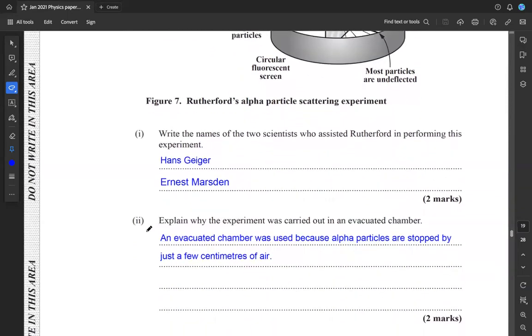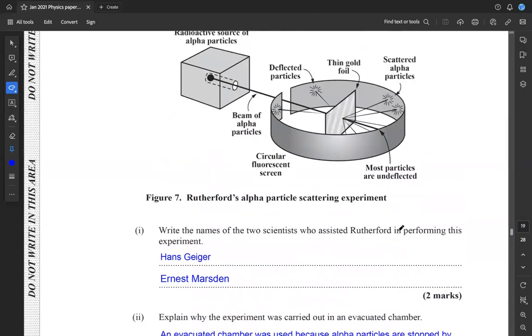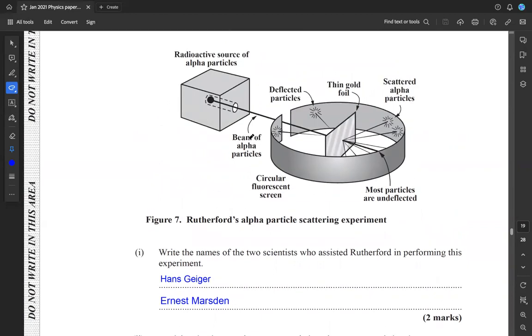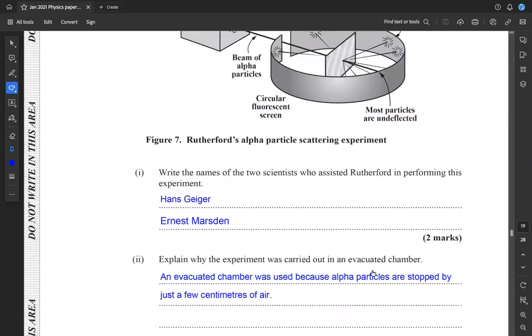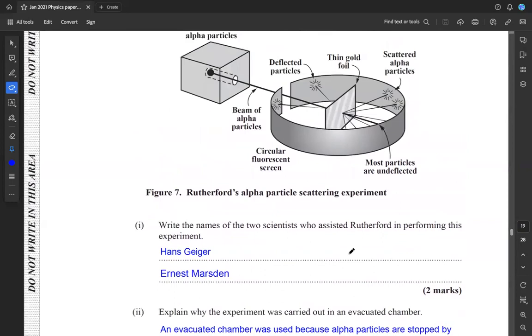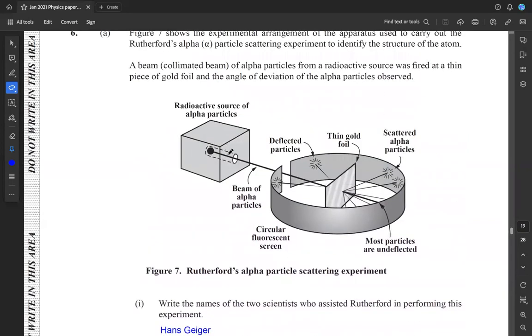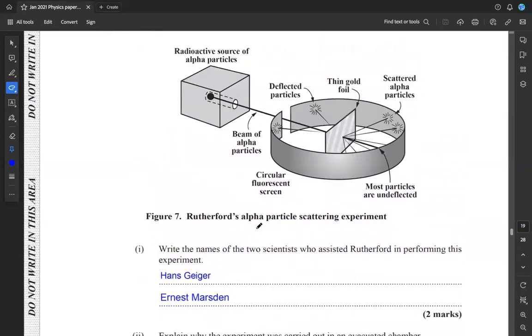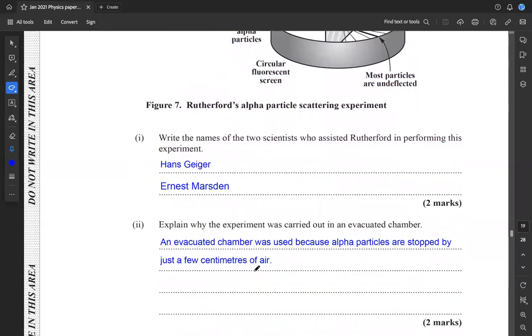So moving down to part 2, right? Explain why the experiment was carried out in an evacuated chamber. When they're doing this experiment, this is all contained within what's known as an evacuated chamber. The reason for that is because the alpha particles coming from the source are stopped by just a few centimeters of air, right?